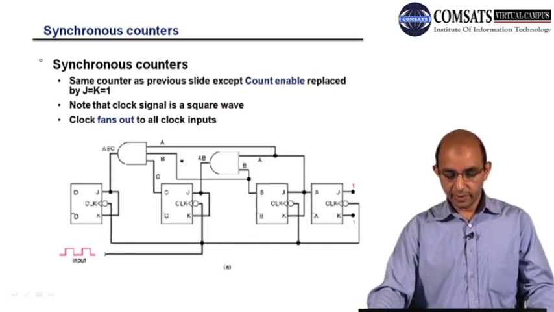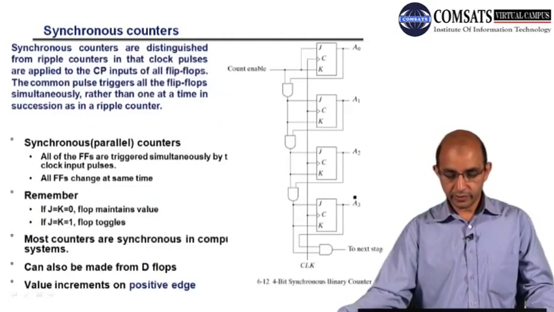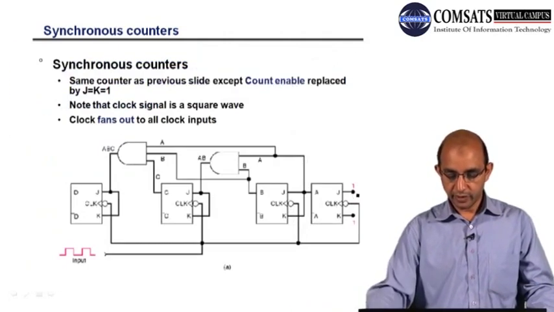And here you can see that we have the combinational circuitry, so AND gates. This is A, this is B, and this is the input JK. Here it is the same, except that we have replaced this count enable by JK 11 all the time.